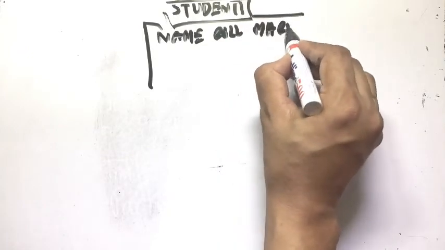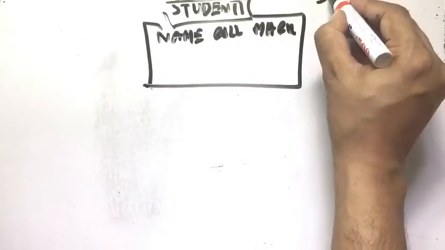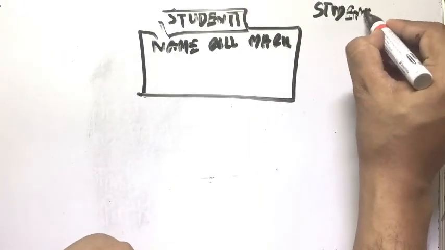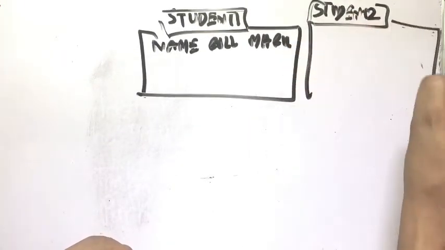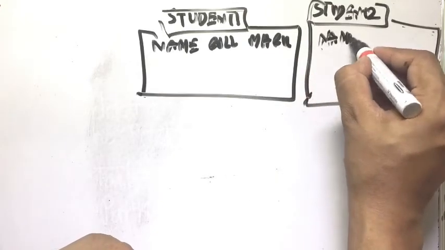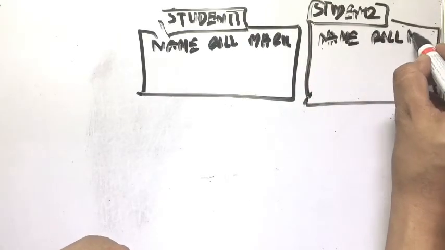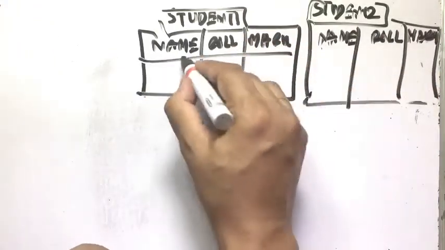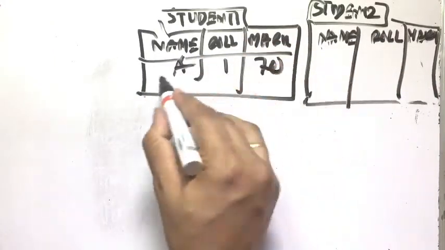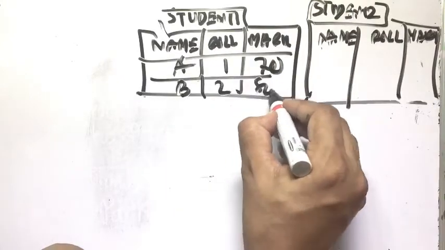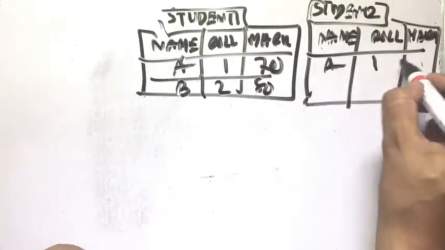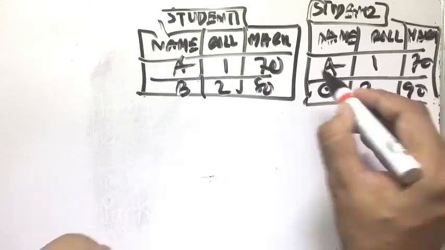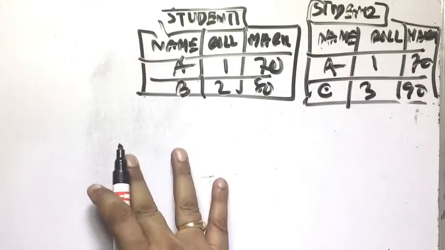The name of another table is student 2, which also has name, roll, marks. The tuples are A170, B280, and in the other A170, C390.